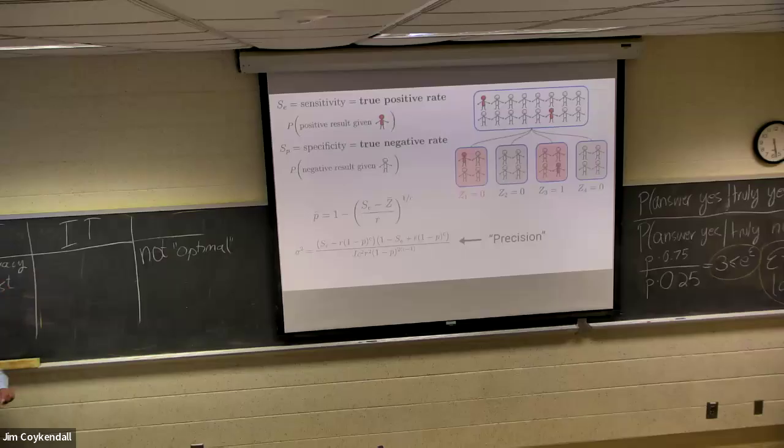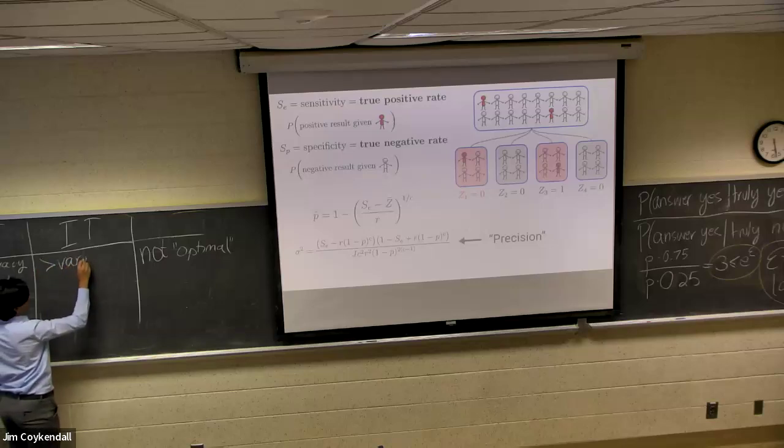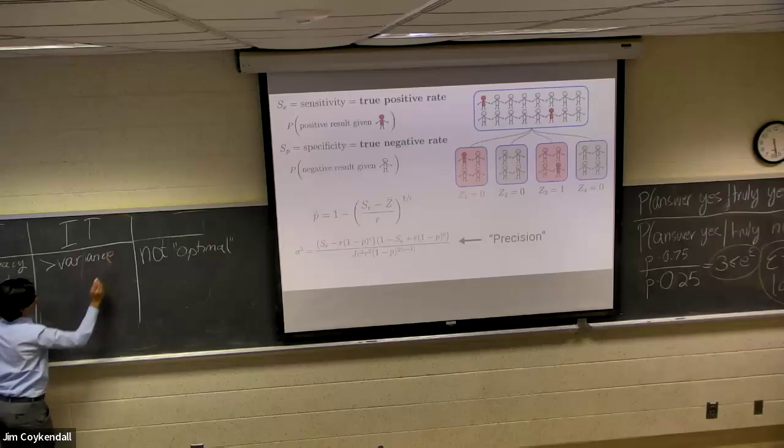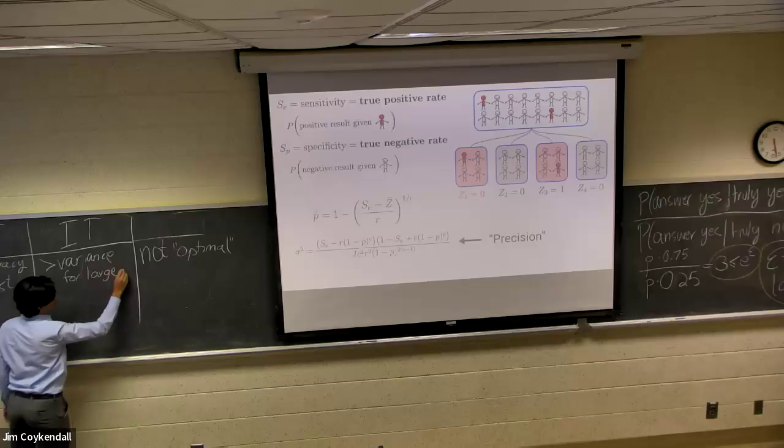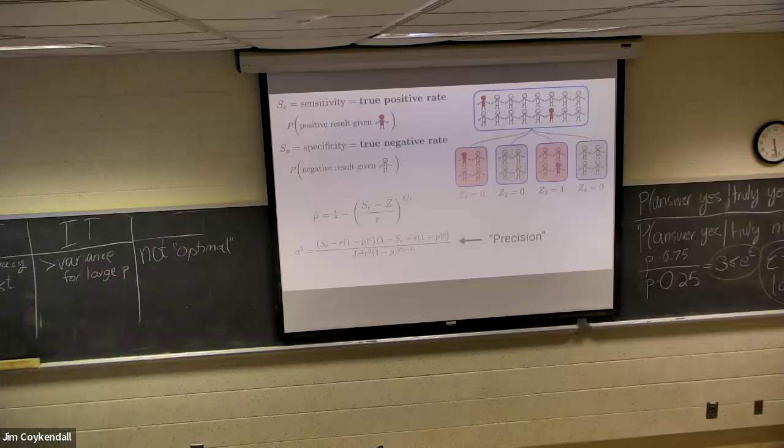Individual testing, this is also a great point, provides better variance for large P. If you're not using our optimal results, group testing can still sometimes provide better variance for small P. But group testing is much more cost effective and much more private for whatever pool size you choose.